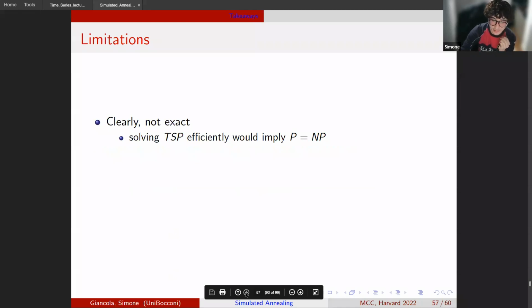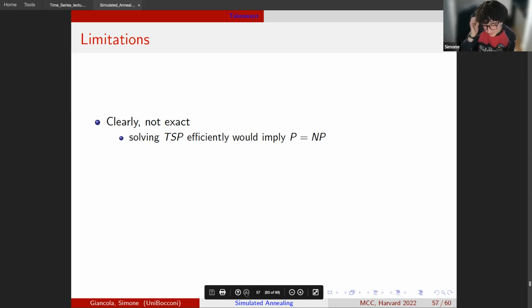Yet, this proposed solution is not exact, because for each case, it's a case-by-case analysis, we need to find somehow an optimal temperature schedule, and yet this does not ensure that we found the minimum distance configuration. This is something to keep in mind.